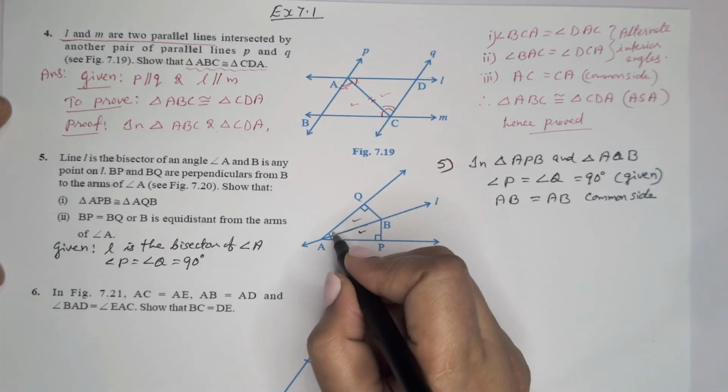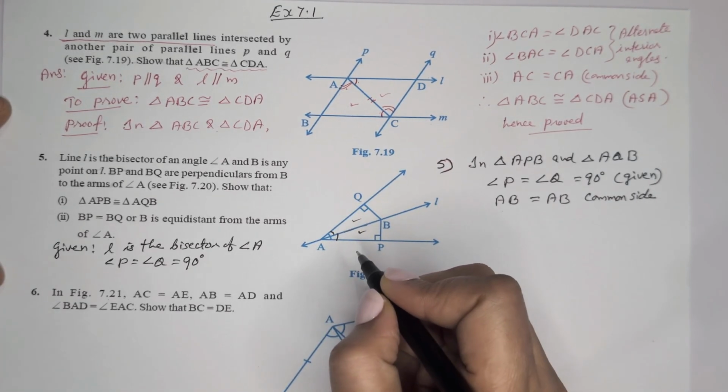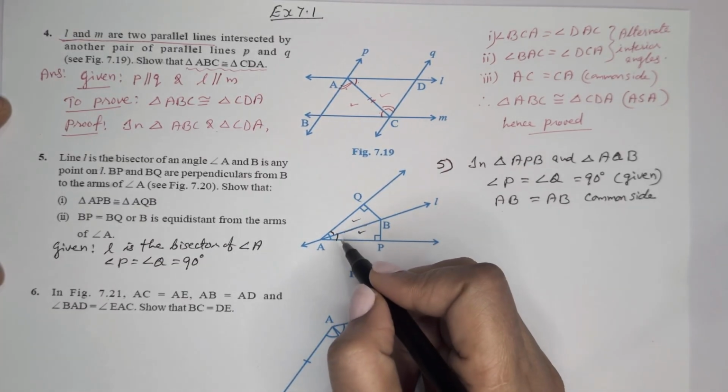Then we have to consider these two angles. This line L is the angle bisector.